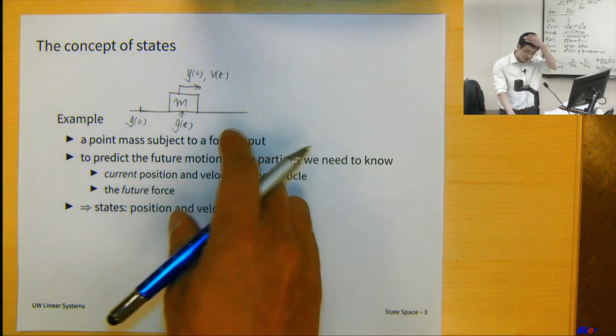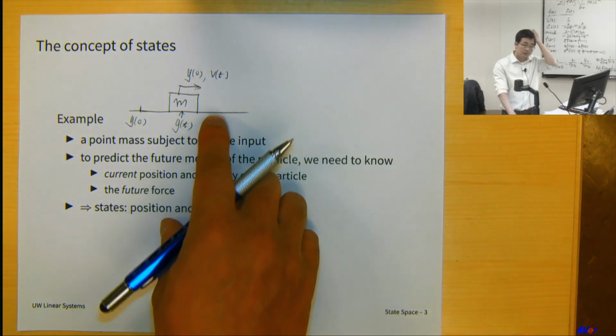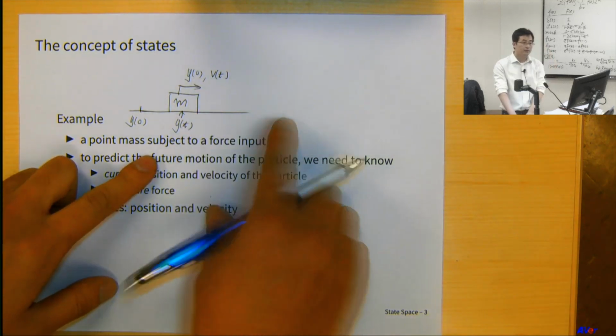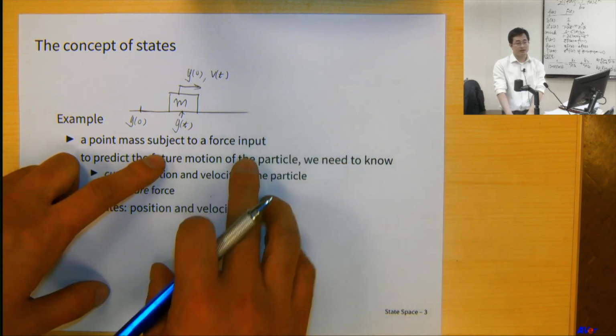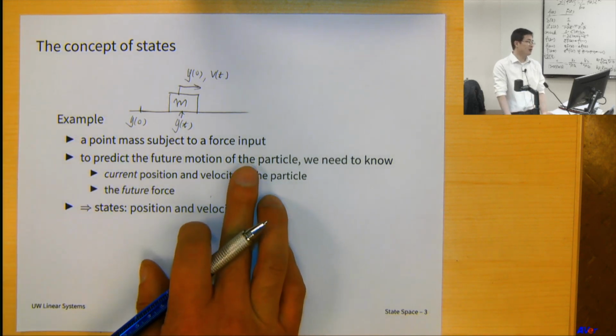What is all the information that you need to be able to know where will be the future position of the mass? So we know this from physics, right? The position is integration of velocity. Velocity depends on the acceleration.